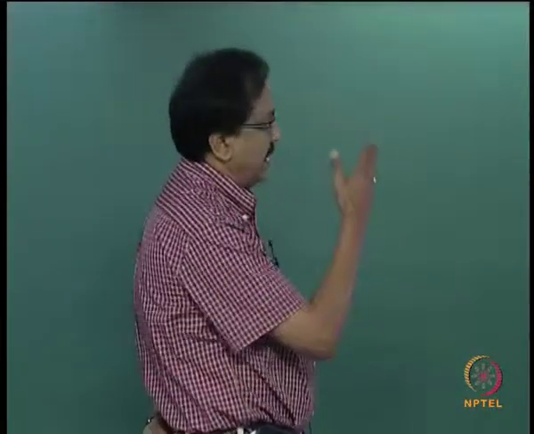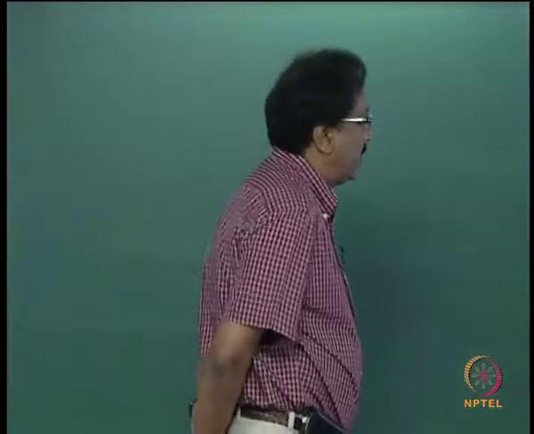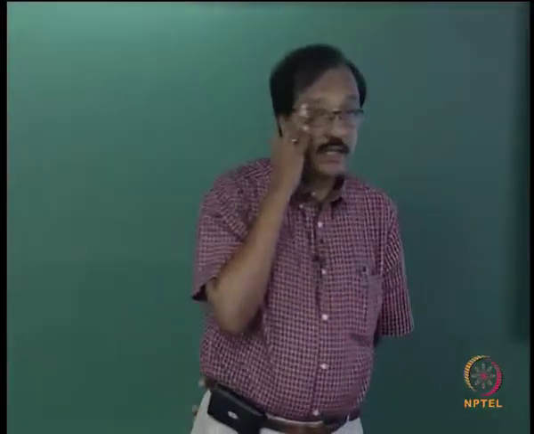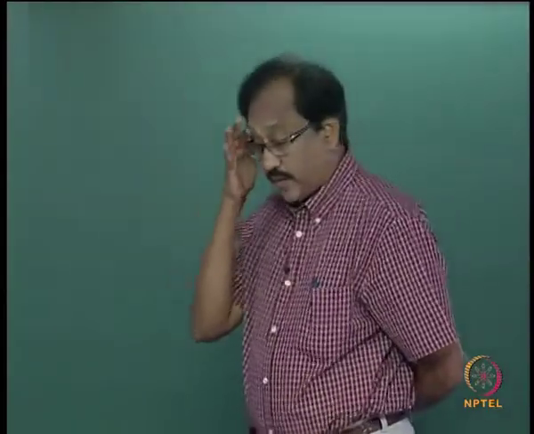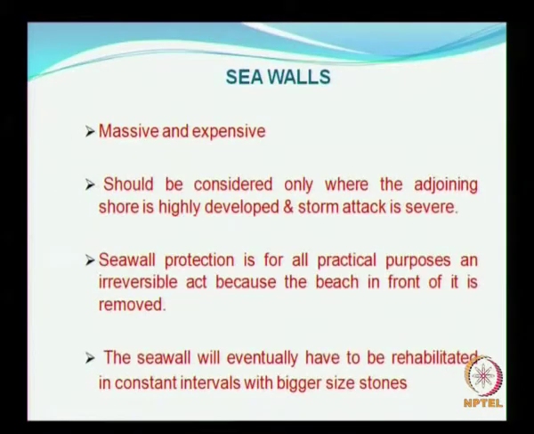So, now let us consider one by one these structures and try to understand what they mean for us. Sea walls: these structures are massive and quite expensive, should be considered only where the adjoining shoreline is highly developed and storm attack is severe.